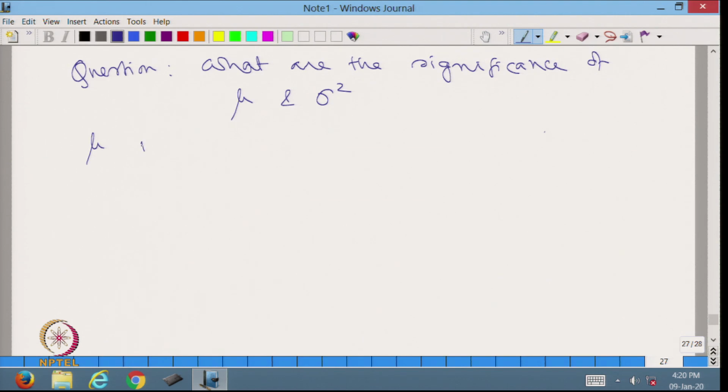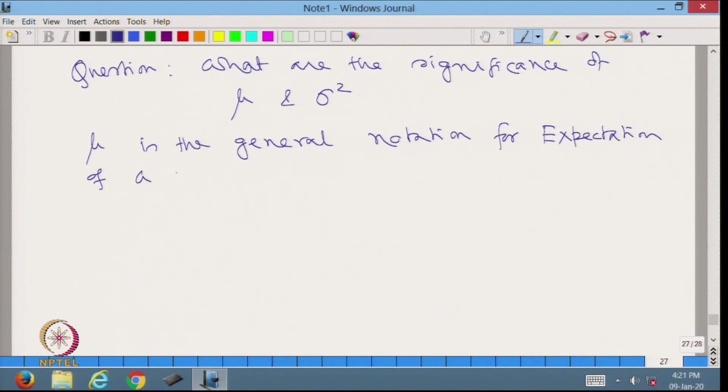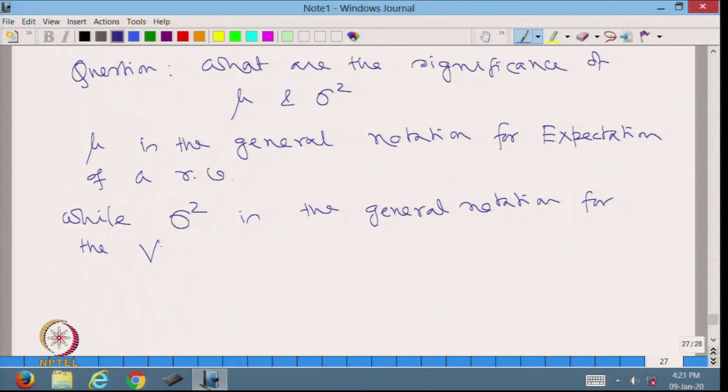Mu is the general notation for expectation of a random variable, while sigma square is the general notation for the variance of a random variable.